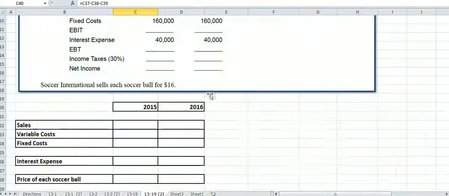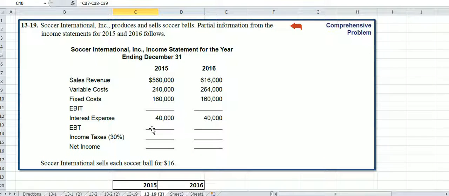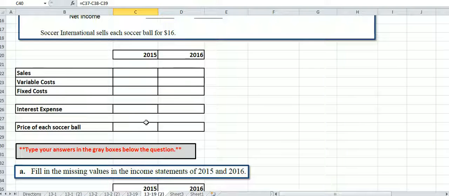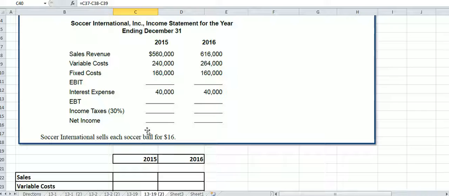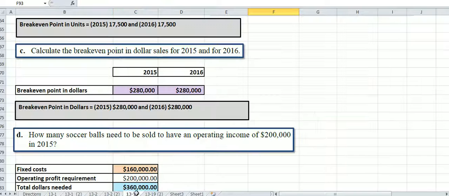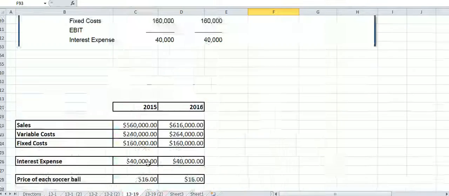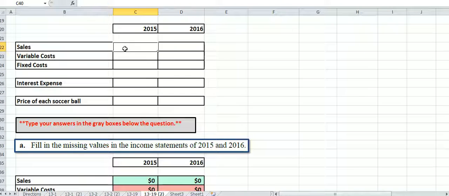To speed this up a little bit, what you want to do is transfer all these numbers right here down to here, and then I've got the formulas put in right here that are going to calculate your missing values. So to make this a little bit easier, I'm just going to go back up here and copy all this and put it in the one we're working on over here so we don't have to do it.